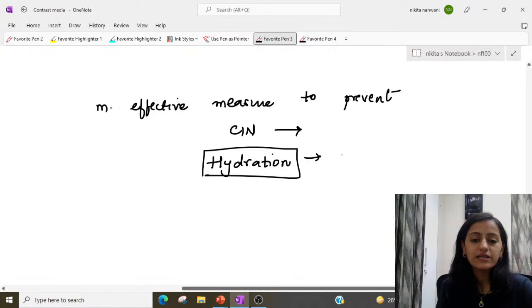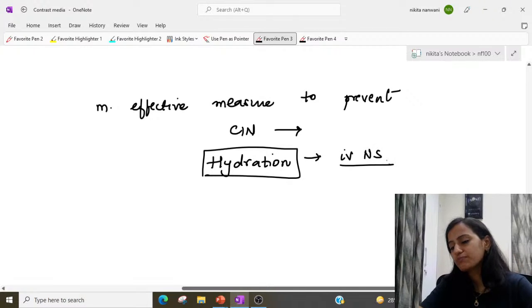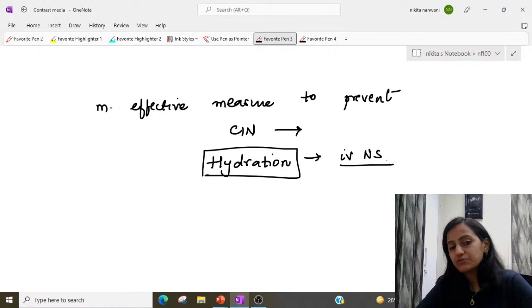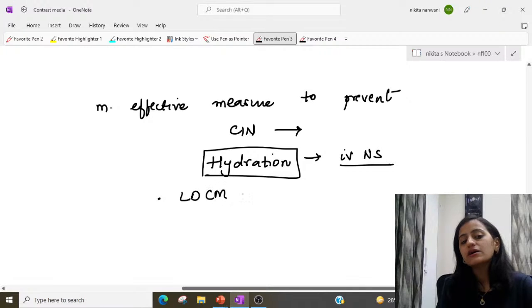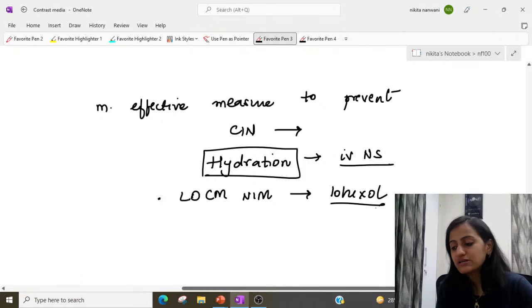Hydration, not orally, but by giving IV normal saline. Hydration is the most effective measure to prevent contrast-induced nephropathy. Use your low osmolar contrast medium, that is your non-ionic monomer. Prefer using that. So iohexol is generally preferred, and is generally safer.